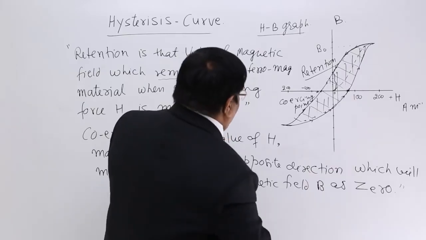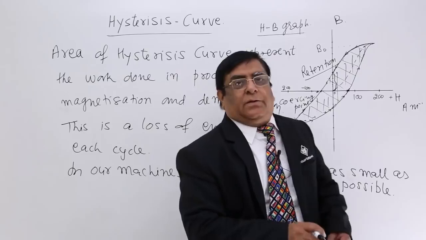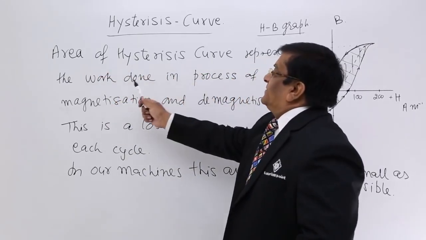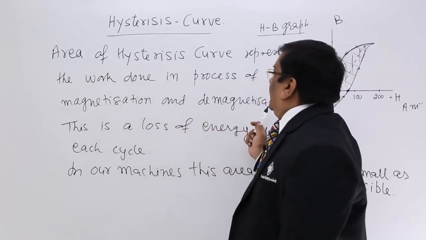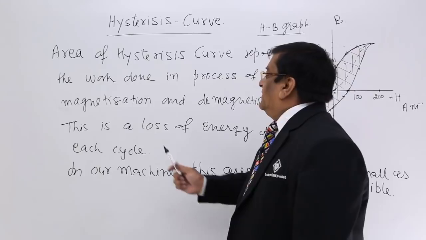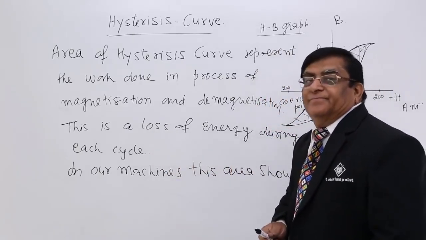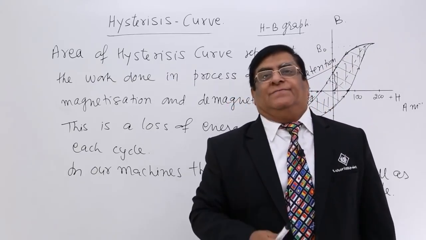I will write it for you. Okay, so the area of the hysteresis curve is the work done in the process of magnetization and demagnetization. This is loss of energy during each cycle. There are certain machines where we have to do this.